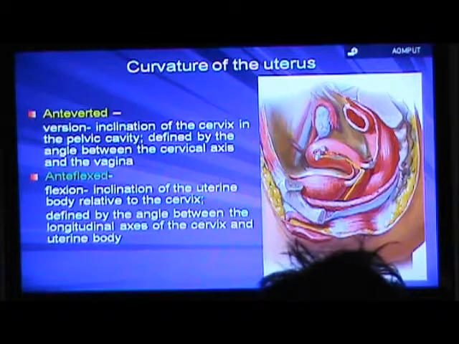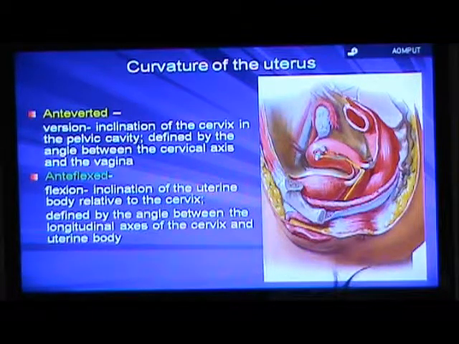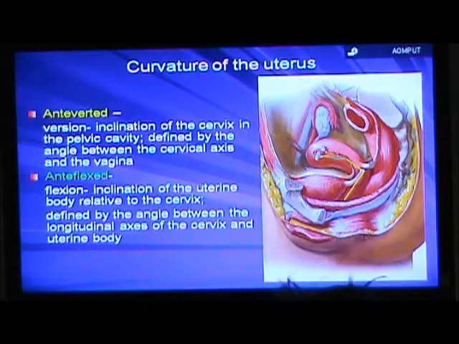The second one is anteflexed flexion. It's an inclination of the uterine body relative to the cervix. So this green color, between the green and yellow, is defined by the angle between the longitudinal axis of the cervix and the uterine body. So anteflexed and anteverted.